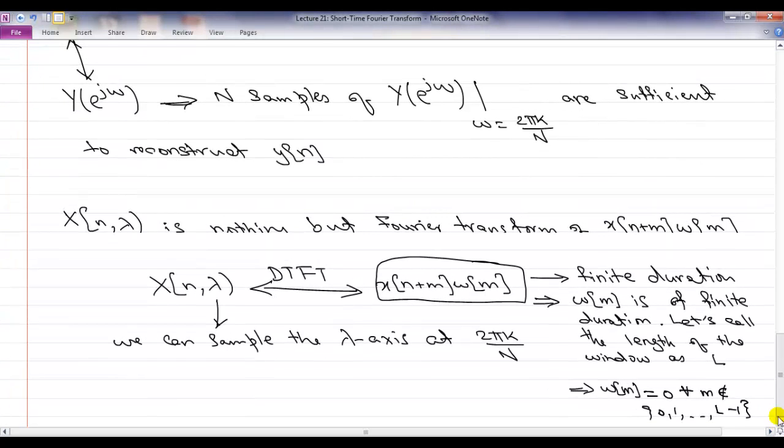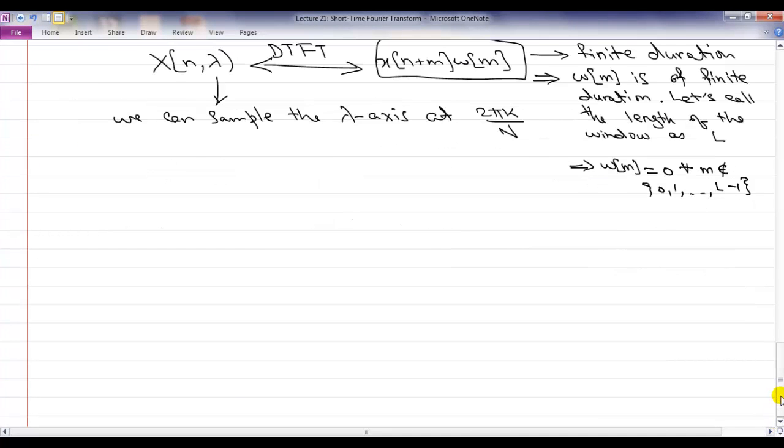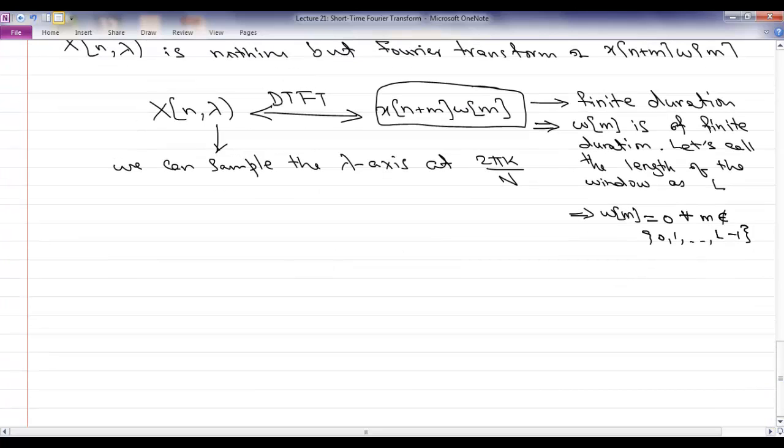So that is the first condition if you want to make sure that we can sample the lambda axis and still recover x[n+m]w[m].